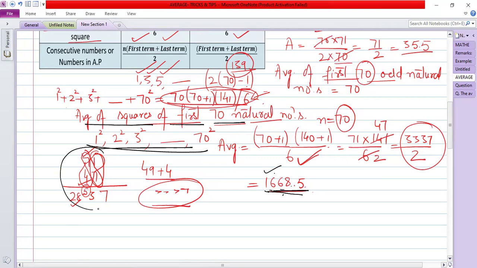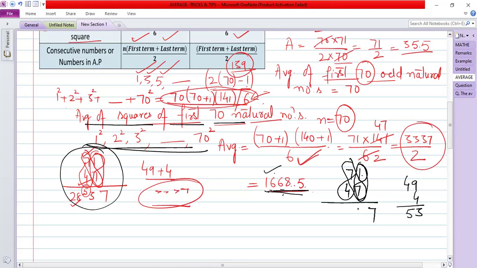So basically here I was discussing how we can multiply 71 and 47. This is just an easier way. First I multiplied the unit digits, so 7 into 1 is 7. Then I multiplied these digits, 7 into 7, that gave us 49. Then these digits, 4, so this was 53.